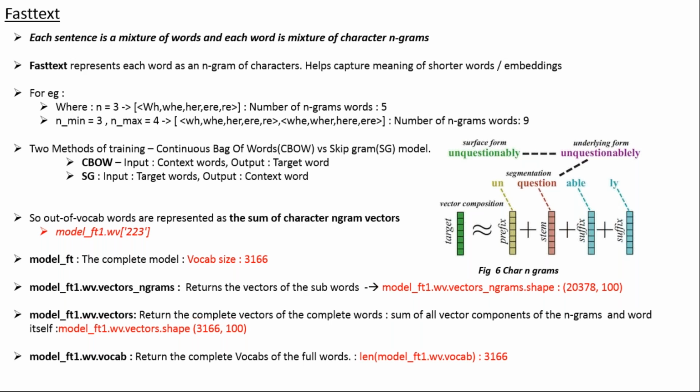Say for example, if I feed in a set of vocabulary to the fastText algorithm, this is how it derives the subwords from a word.